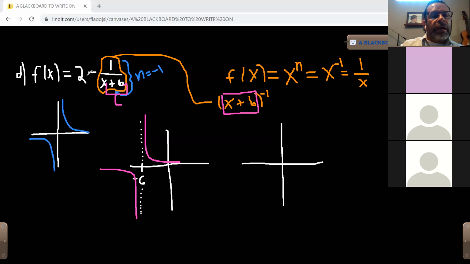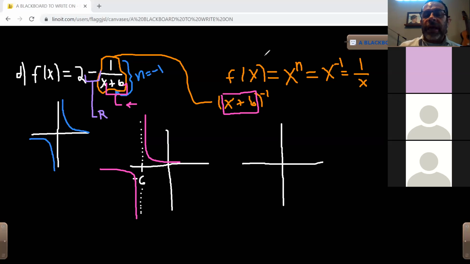What is this negative going to create? This negative is going to create a reflection. Okay. The pink generated a shift. The negative is going to generate a reflection.